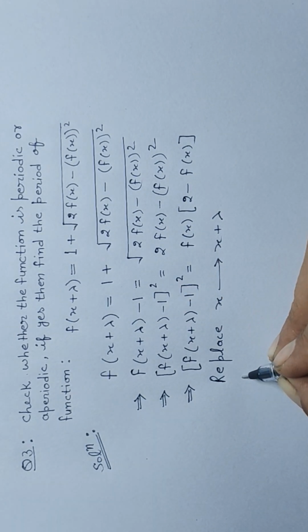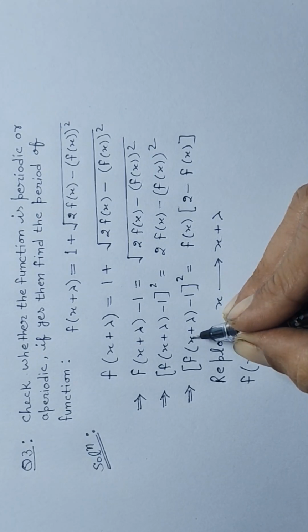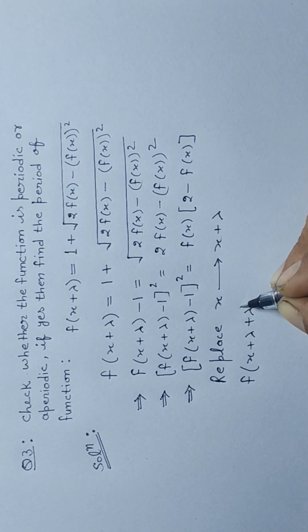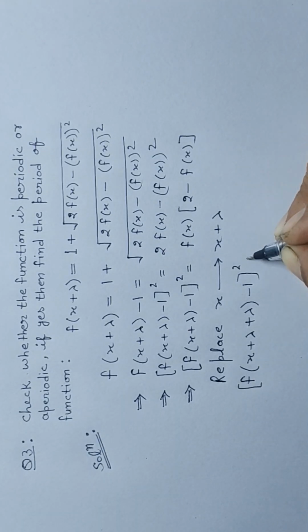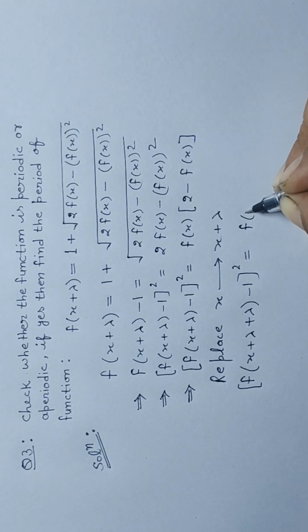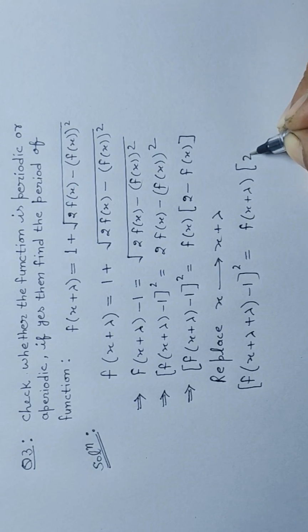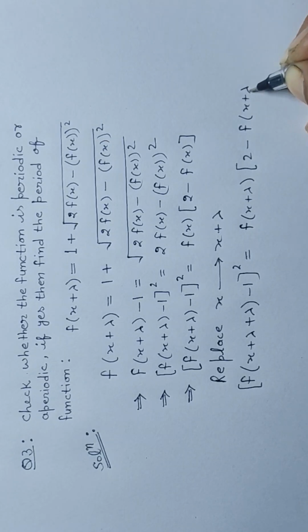So we get f of x replaced by x plus lambda, and plus lambda already, minus 1 whole squared equal to f of x plus lambda, bracket 2 minus f of x plus lambda.